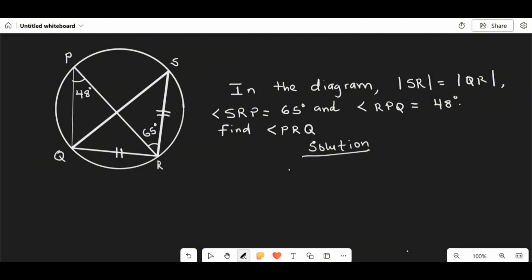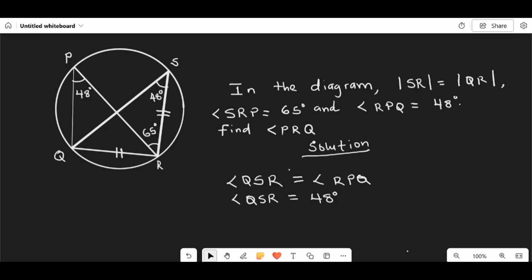So we can say our angle QXR is equal to angle RPQ. So angle QXR is equal to 48 degrees, because our angle RPQ is equal to 48 degrees. So we can say this angle is equal to 48 degrees.